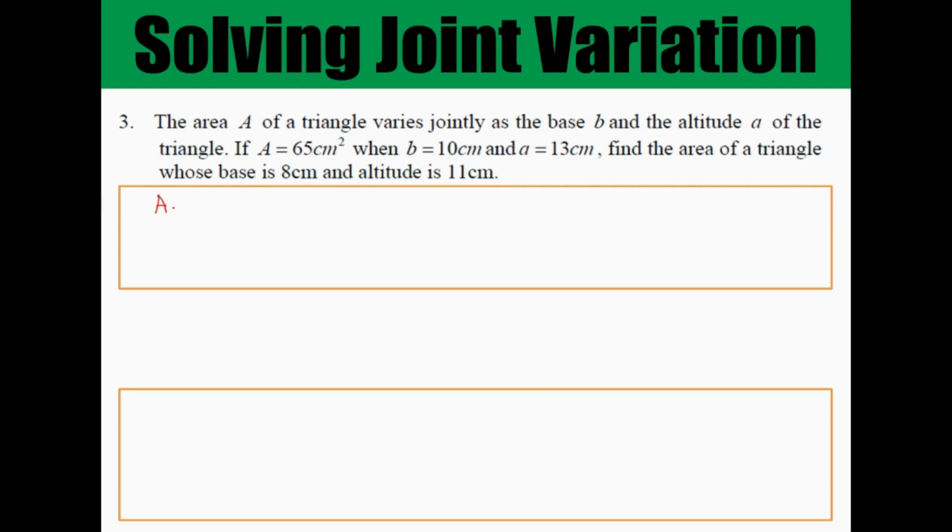A equals K B A. So, if A is 65 square centimeter, B is 10 centimeter, then A is 13, find the area of a triangle whose base is 8 centimeter and altitude 11 centimeter.